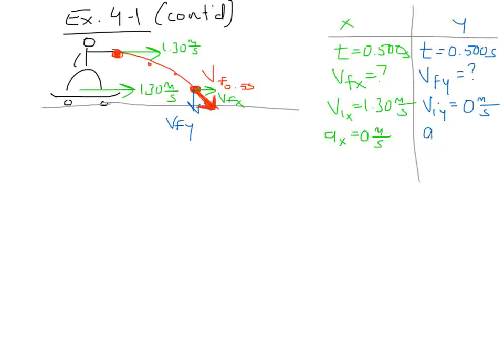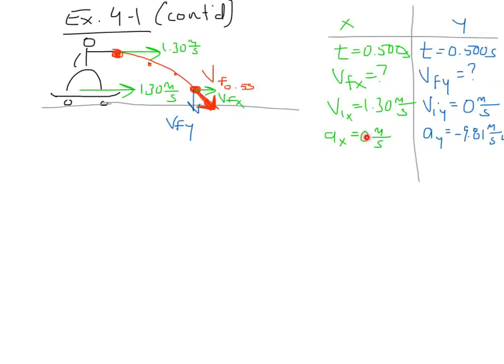Acceleration in the y direction, as we saw from free fall, is going to be negative 9.81 meters per second squared. Do we have enough to solve for our final velocity in the x and the final velocity in the y? I think we do. We have 3 knowns on each side. We've got time, initial velocity and acceleration right here.